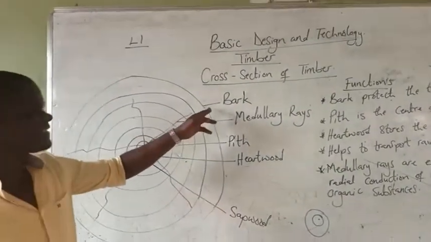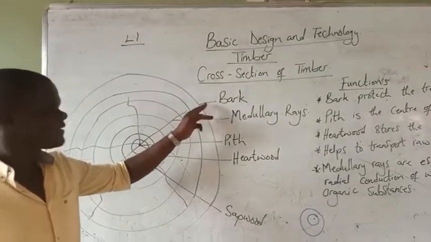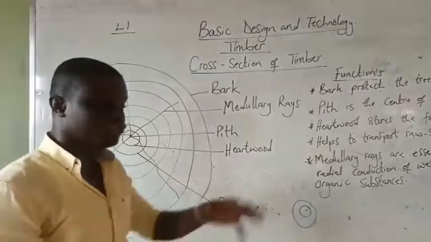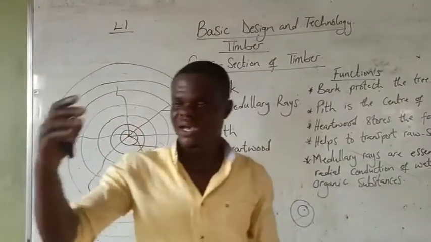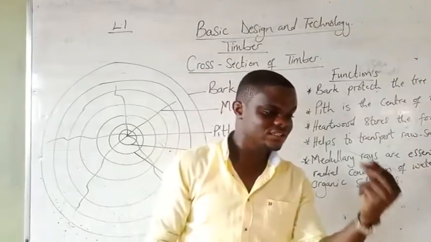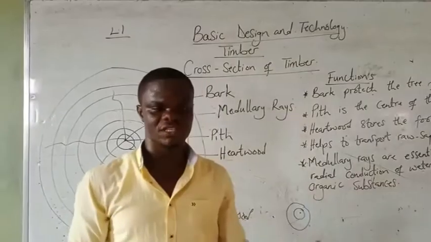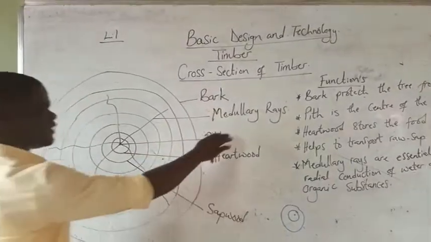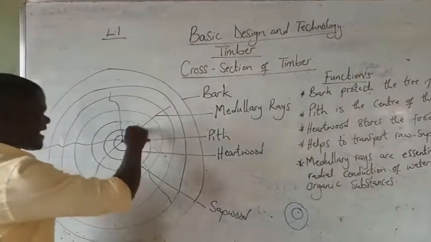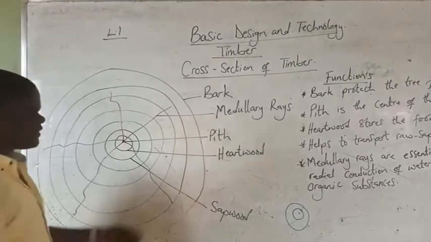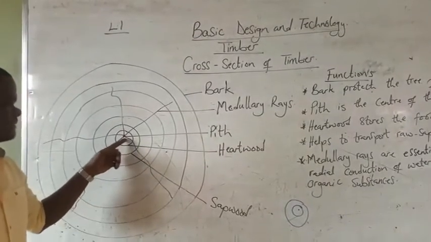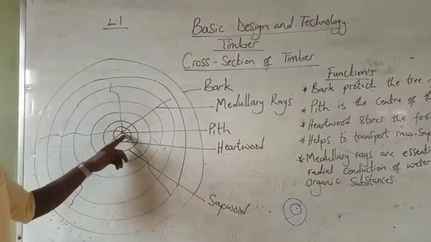The first one is the bark. That is the part of the tree we normally see. When we cut that side, we will see that some liquids are coming out of the tree. We also have the medullary rays, which are the lines that look like cracks. Then we have the pith, which is the center of the cross section.